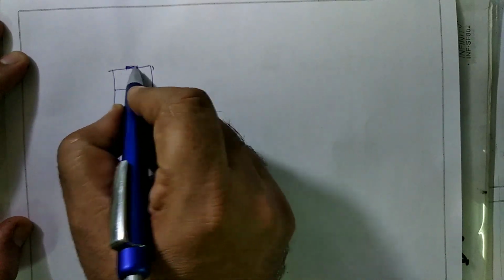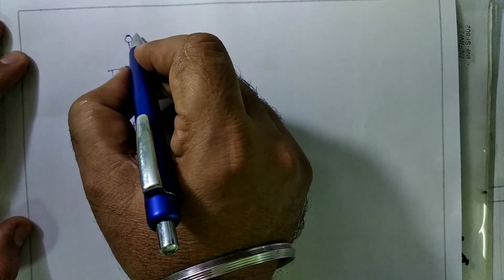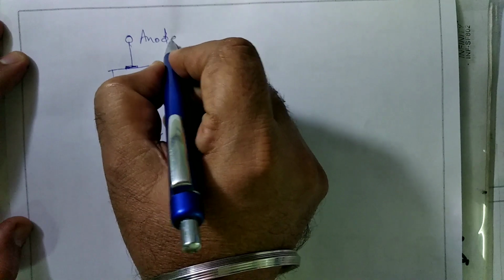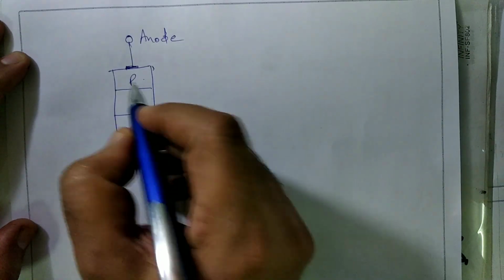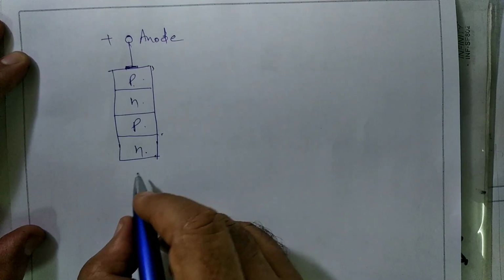The upper P layer is connected with one electrode that is called anode. Since this terminal is connected to the P-type semiconductor, it is called anode or positive electrode.